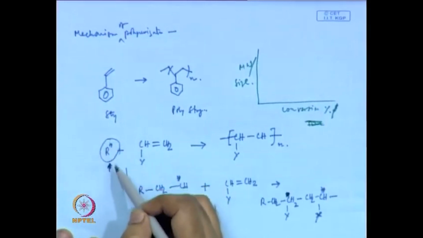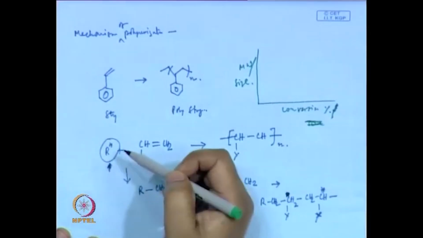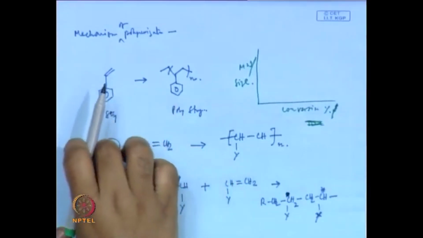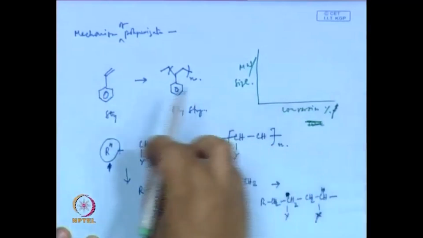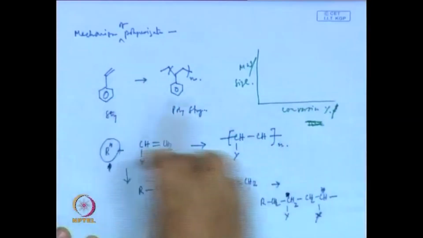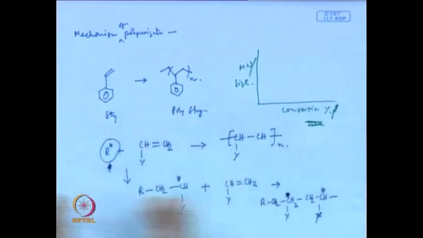So, at the beginning, as soon as the initiator is formed, in most cases as I said, it immediately starts the activation and initiation and then completes the chain. So, at the beginning itself you have large molecular weight.